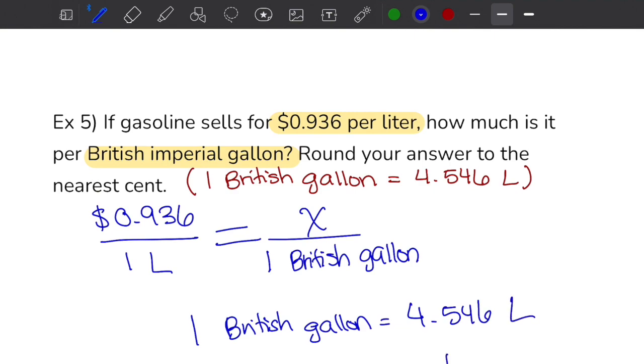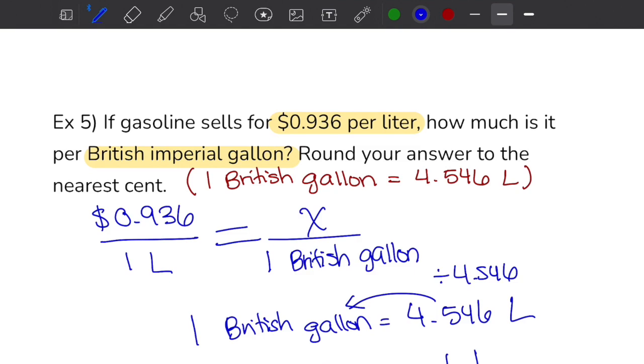I want to know how much it is per 1 liter. Okay, so to go from here to here, we divide by 4.546. So here I'm going to divide by 4.546. So let's do that. And I get 0.2199. So I'm going to round to 0.22 British gallons.